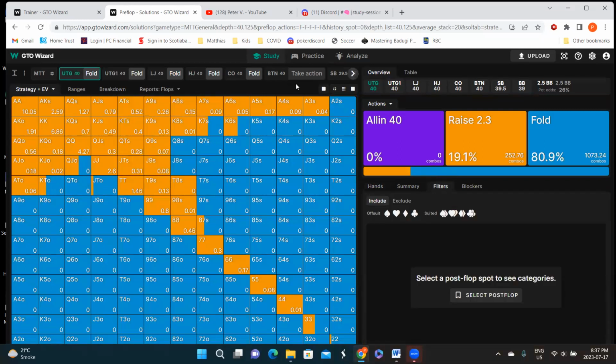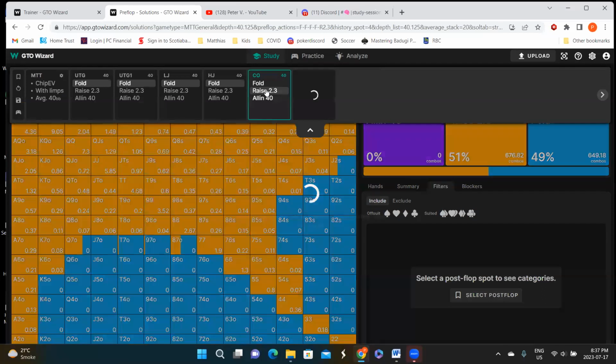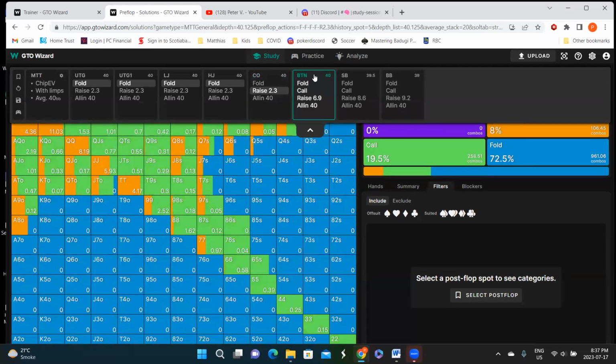So when we talk about interaction, we're not going to talk about one person's range. What we're going to do is start here on the cutoff, and we're going to open, and the button is going to have two choices. The button can either call or raise. And we're going to deal with these two in separate ways.